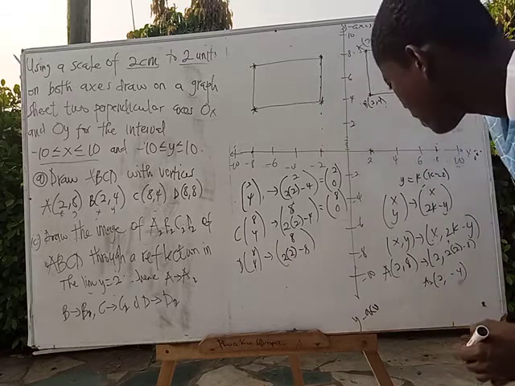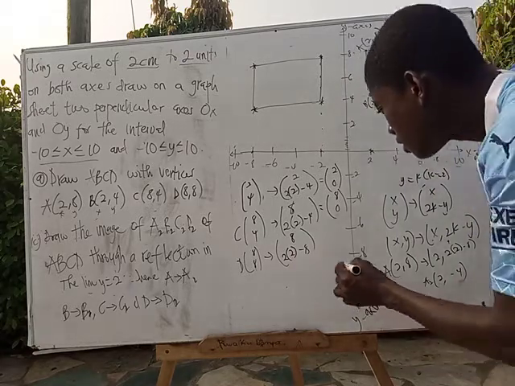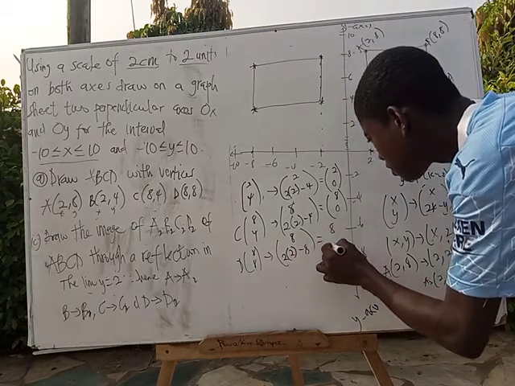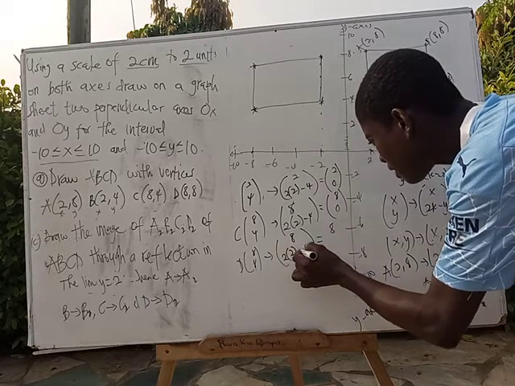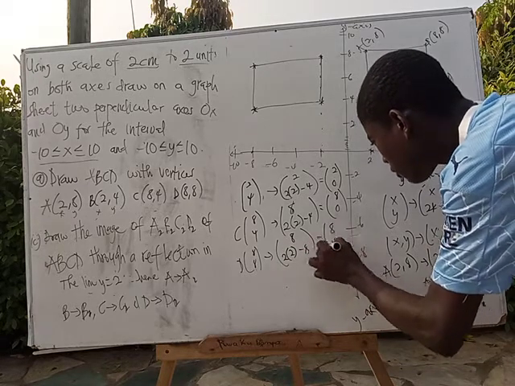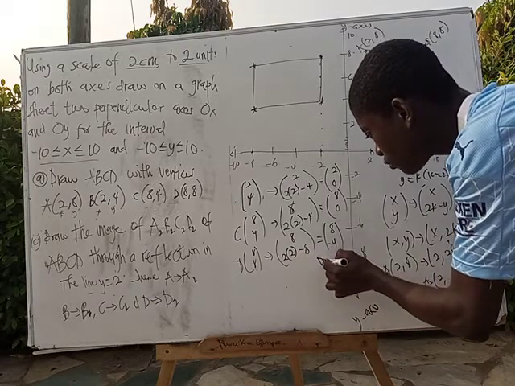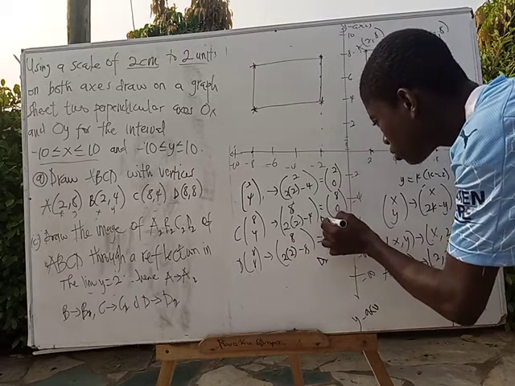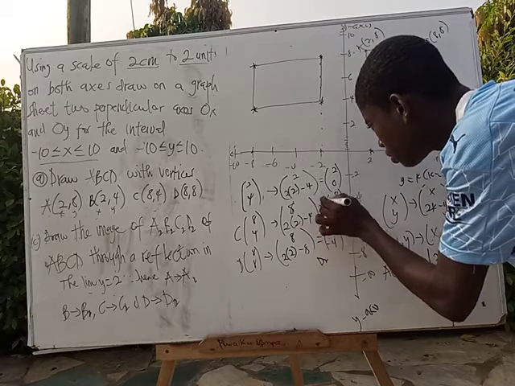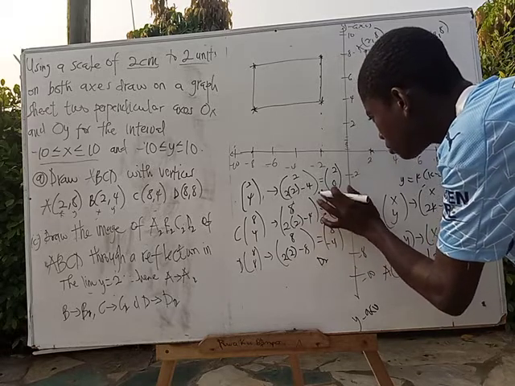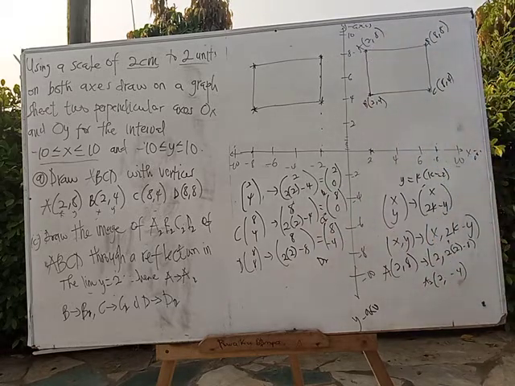So we get 8, and 2 times 2 is 4, minus 8 is negative 4. So this is the image of D, that is D2. This is C2, this is B2, something like that, and you have our A2 also here.